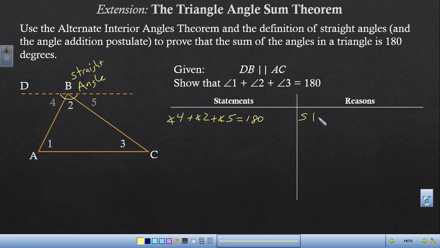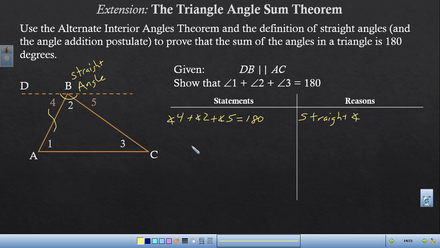This is actually a combination of the straight angle theorem, which says that a straight angle measures 180 degrees, and also the angle addition postulate, which says that if we add angles up, they are going to be equal to the whole. It's actually a combo, straight angles and angle addition, but if you just say straight angles, I'm cool with that.